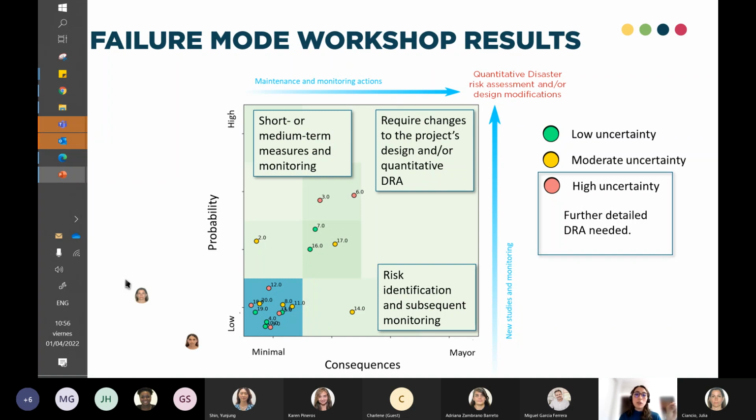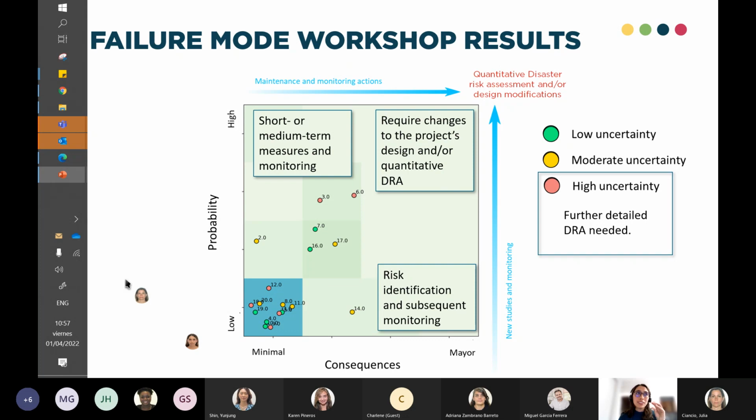And we have another activity that's going to say, okay, there's a high probability of another failure mode, and we need more information regarding this. So a quantitative risk assessment is needed.